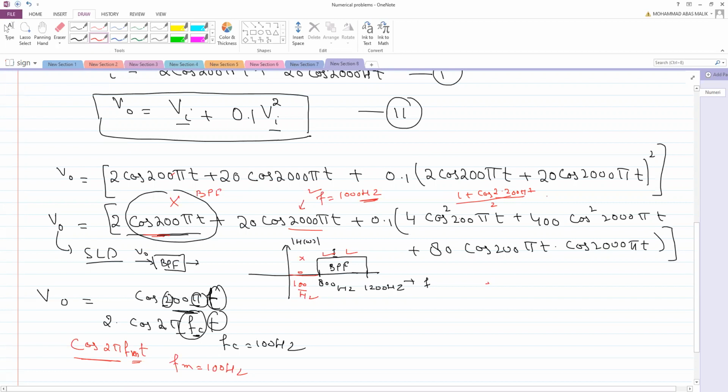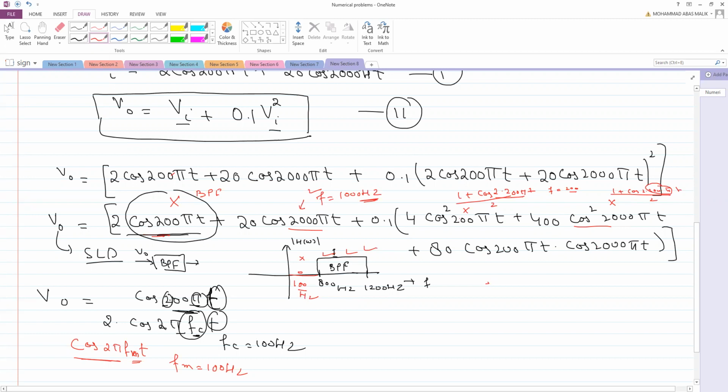In this case also the f value is 200, and similarly this will not be passed through the band pass filter. Similarly this will also not be passed because this will be your 2000 hertz frequency. For this it will be similarly simplified like 1 plus cos 2000 pi t divided by 2, and the frequency here will be 2000, and 2000 will not be allowed by the band pass. So this also will not pass through the band pass.